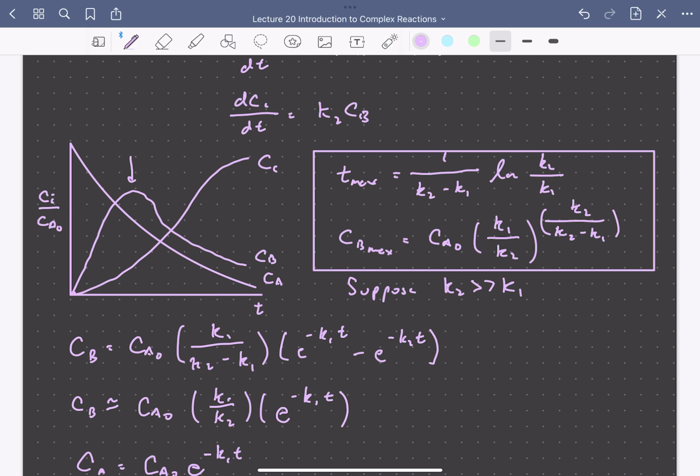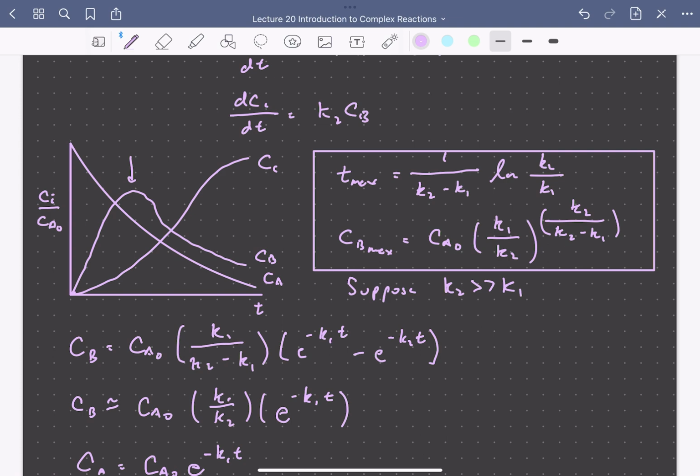Additionally, the concentration at that maximum, so Cb max, is also going to go towards 0. This means that the steady state concentrations of reactive intermediates are small compared to the stable reactants and products, in this case A and C, and the time to reach this situation is small relative to the reaction time.